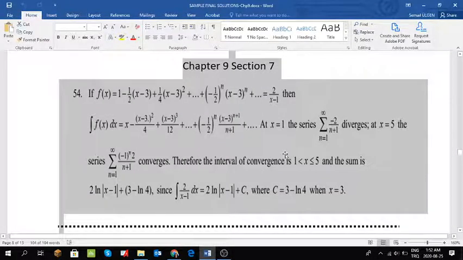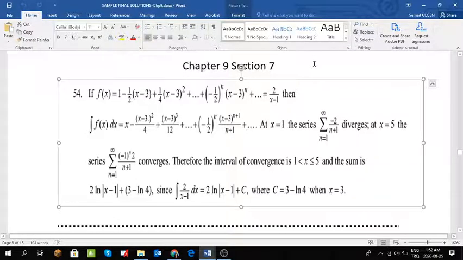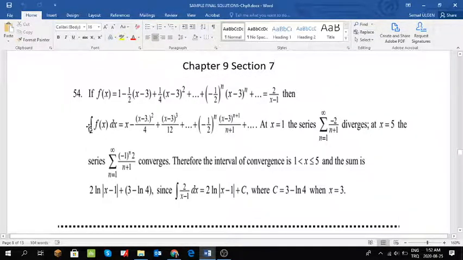They're asking about the integral of this f. We integrate this term by term.